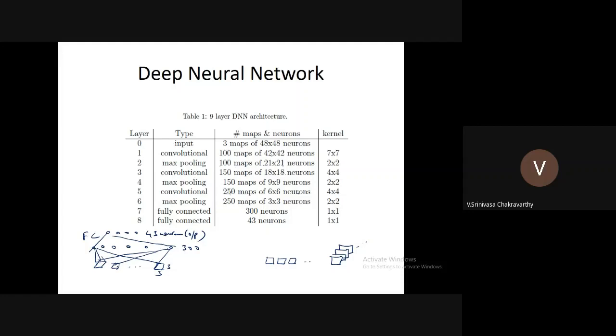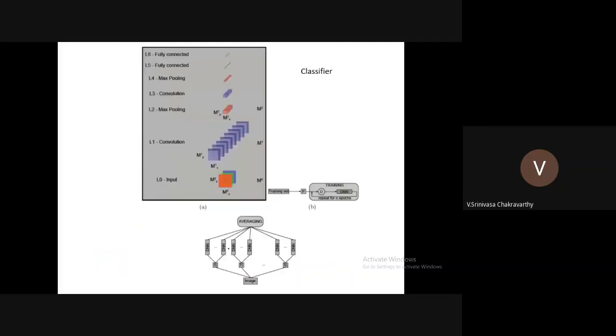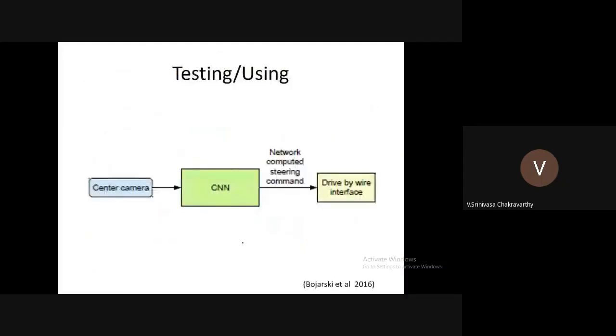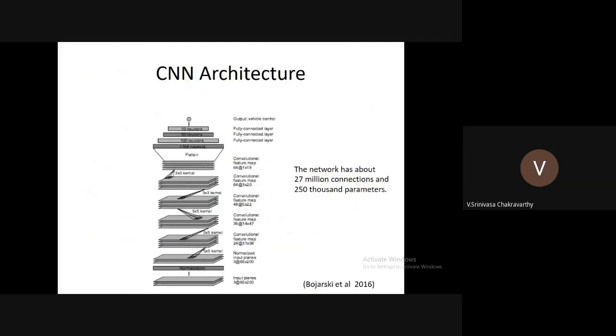So you imagine 3 by 3 times 250, whatever that is, and you think of it as simply a single row of that many neurons. This imaginary step is called flattening, right? You flatten these 2D layers into a long 1D layer. And then you feed that 1D layer of neurons as input to the next layer using a fully connected stage.